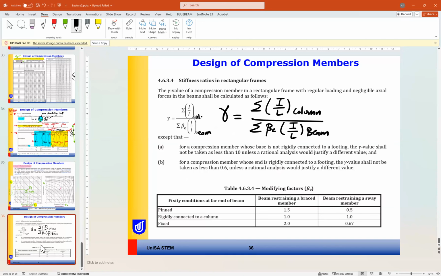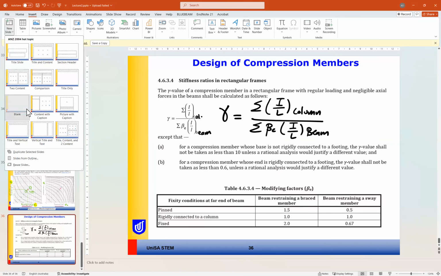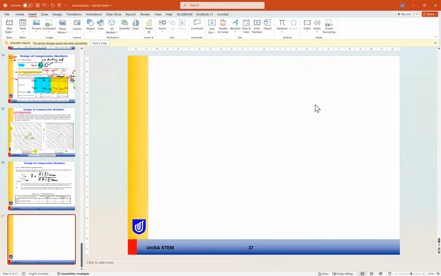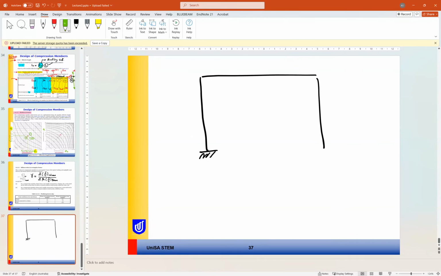So what does this mean, or how can we use this formula? If you are calculating the end condition for this column, for example, we need to find gamma 1 and gamma 2. For gamma 1, we have two members connected, beam and column.